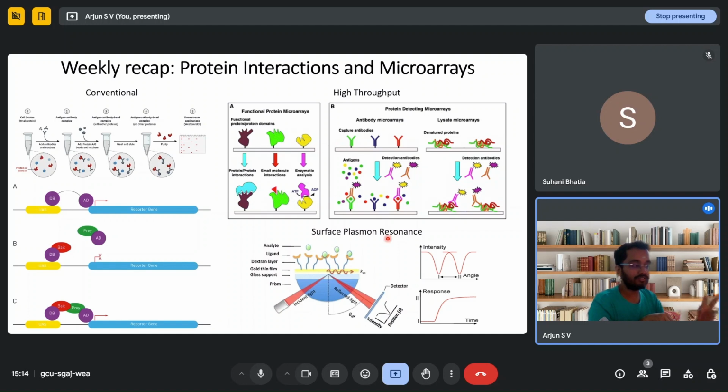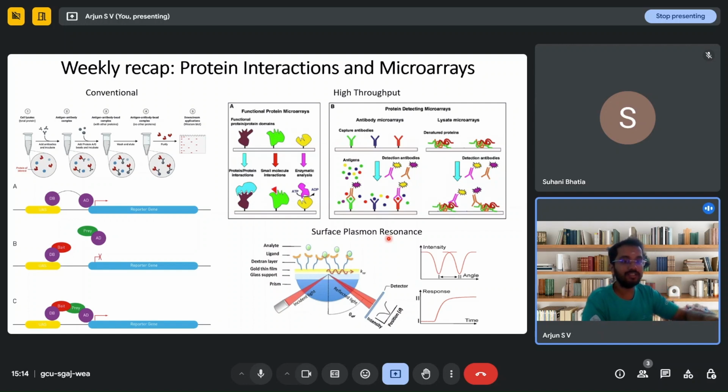Towards the end of the lecture, we also saw the systems biology aspect, where the course instructor started explaining what systems biology is. Systems biology is a general holistic approach to study interactions between different types of molecules on a very large scale.